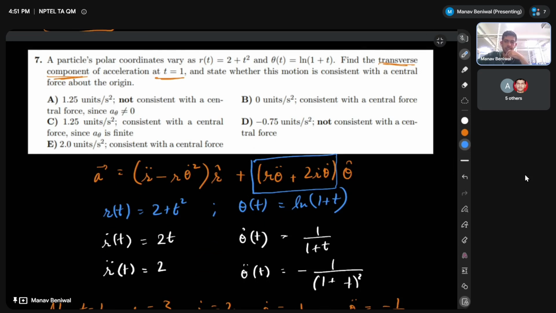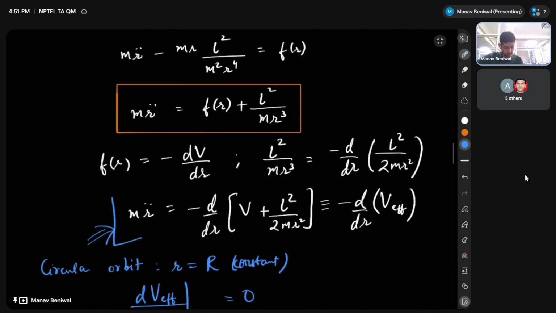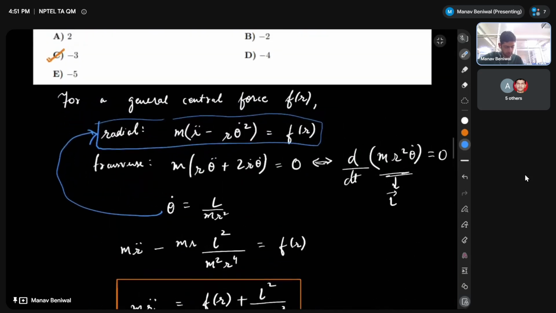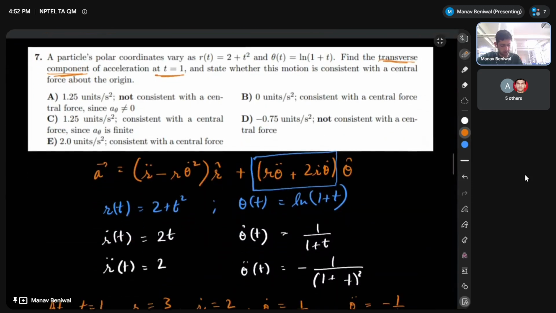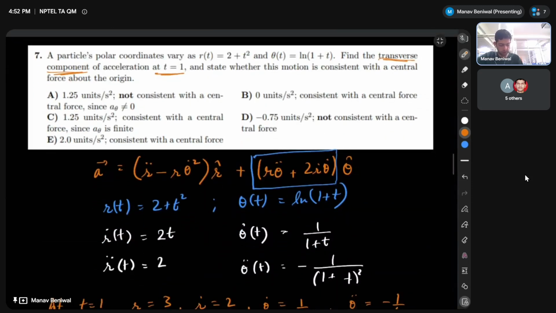That a theta is not equal to 0, right? Just as in the previous case, we saw that this transverse component has to be equal to 0, right? This transverse component has to be equal to 0. But here we are getting a non-zero transverse component, which is why this is not consistent with the central force. So option A.